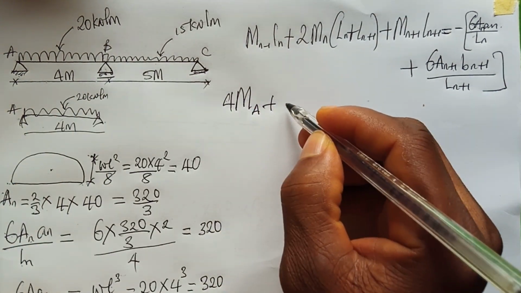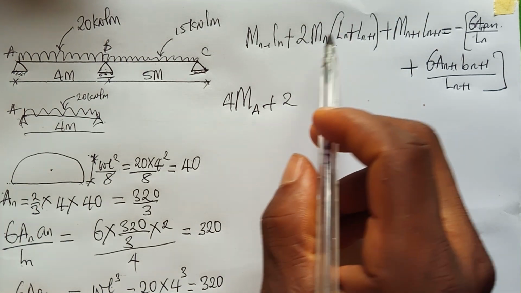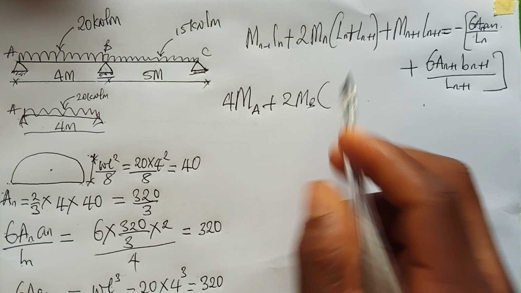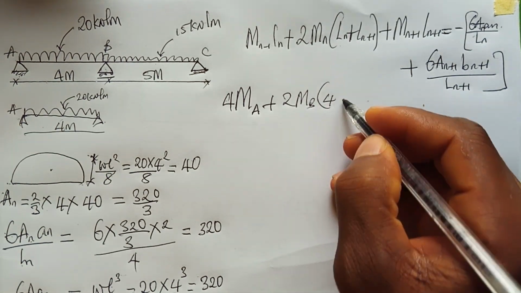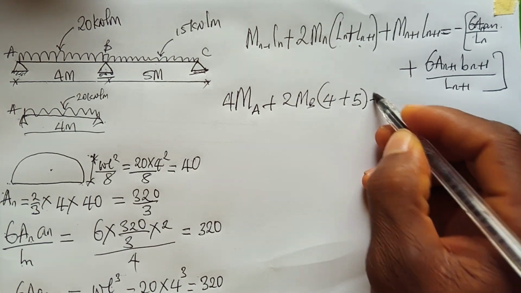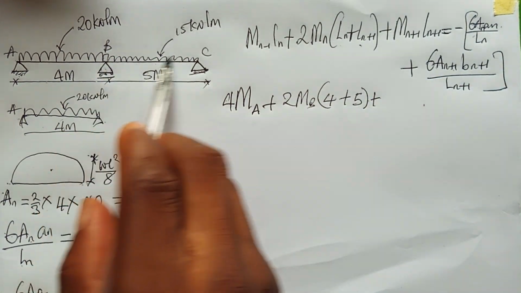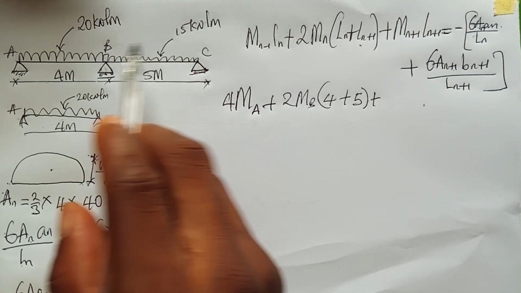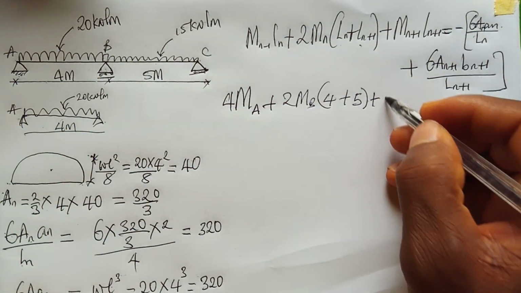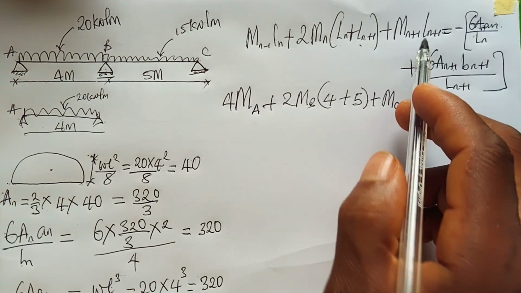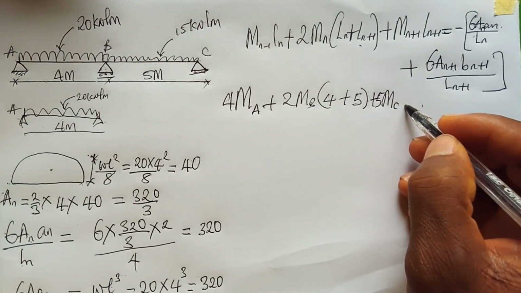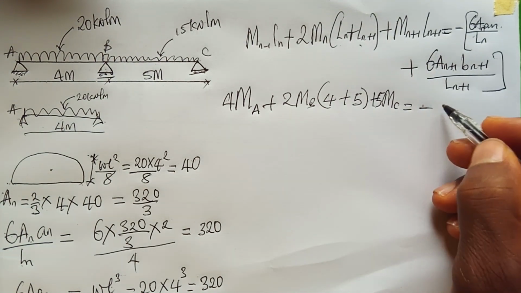Then plus 2 multiplied by Mn, which is where we're standing, the moment at B, into Ln, which is 4, plus Ln plus 1, and that is 5. You close the bracket, plus Mn plus 1, the moment after where we are standing. This is the moment at support C, which is MC. Then multiply by Ln plus 1, which is 5. That is 5 MC.